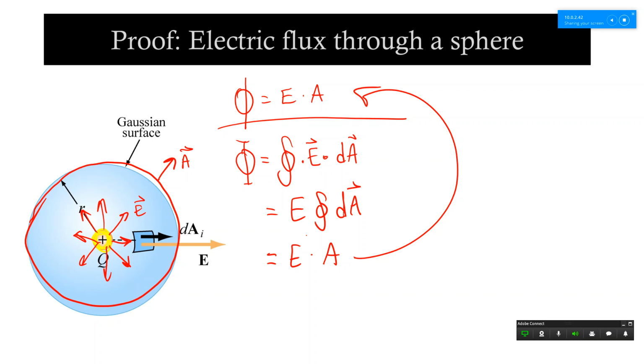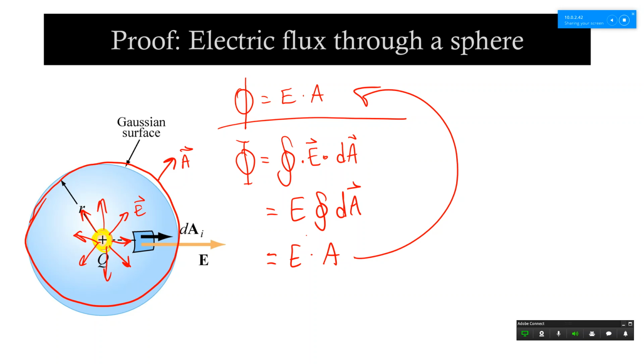See how much simpler our math became because we chose a surface that makes sense? If I chose to put like a cylinder around this point charge, I couldn't tell you that at every point the electric field is the same. I couldn't tell you that the electric flux is going to be the same at every point.